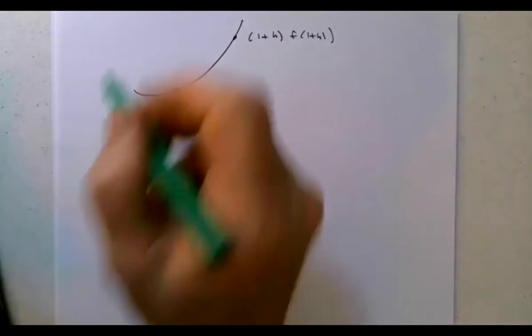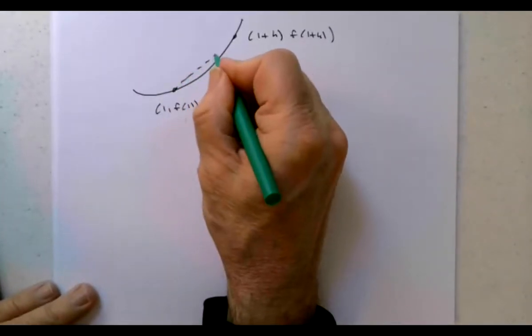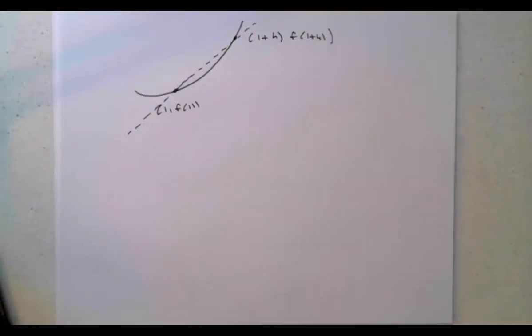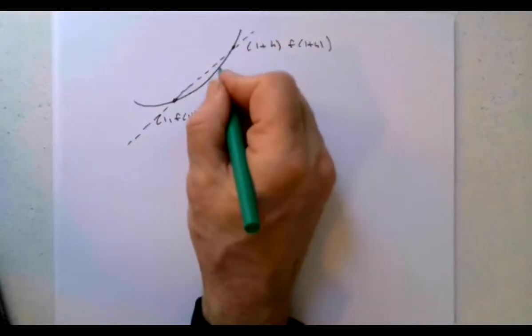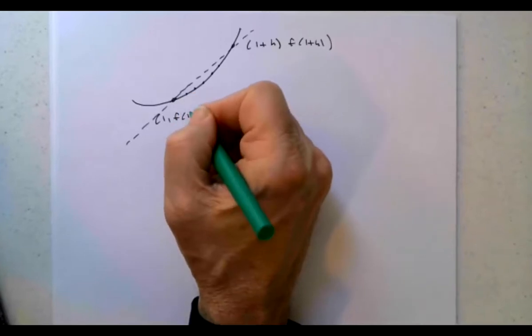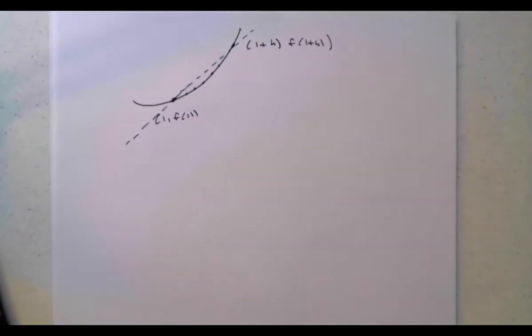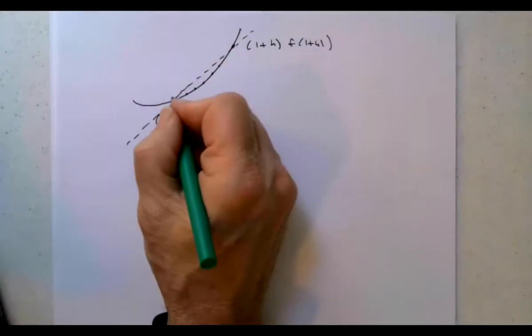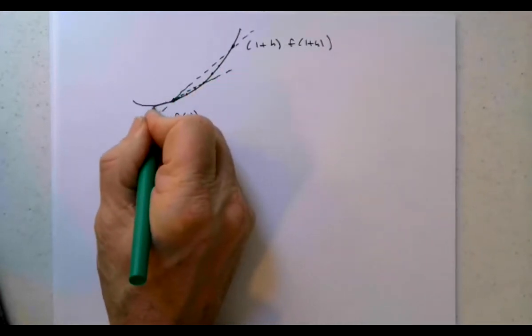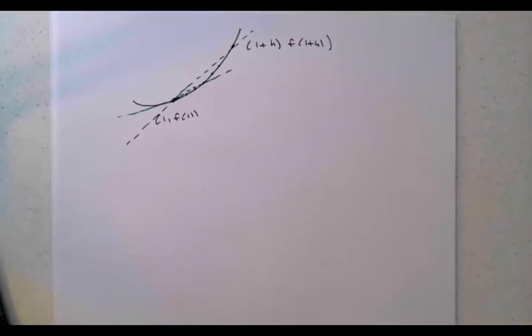Secant line is here. So what has to happen for the secant to become the tangent? Well, h has to get closer and closer to 0. If h gets smaller and smaller, the secant becomes a better predictor of the tangent. So let's see, here's another secant line here, right? That's better somehow than the first example.